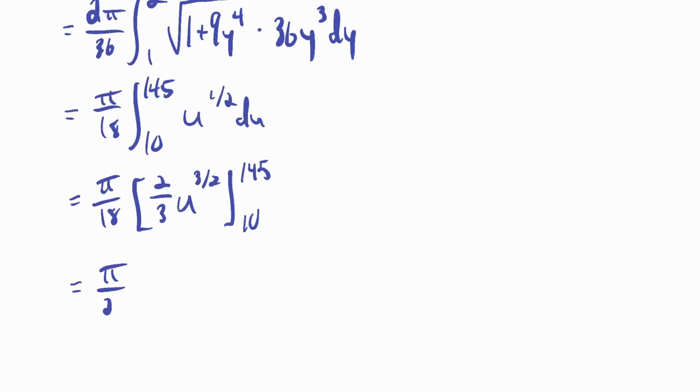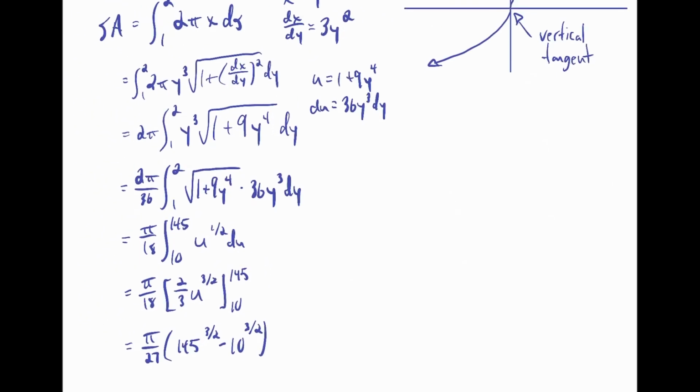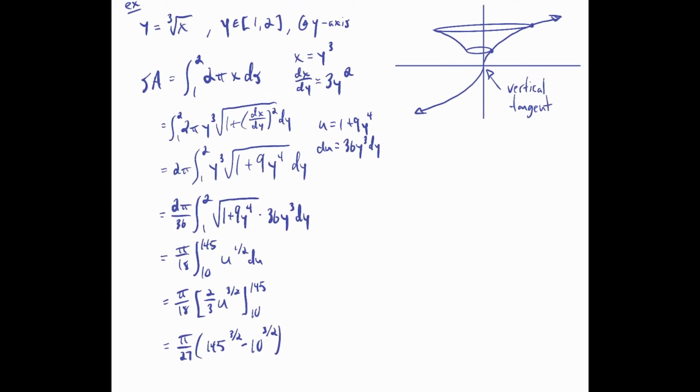Pi over 27 times 145 to the 3/2 power minus 10 to the 3/2 power. And there we go. That's not a nice pretty number, but there we go. That's that surface area. Okay, and the integral was not very hard.